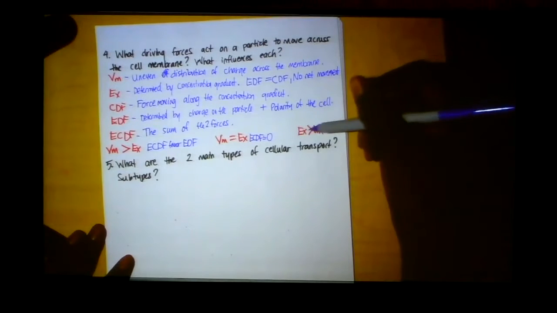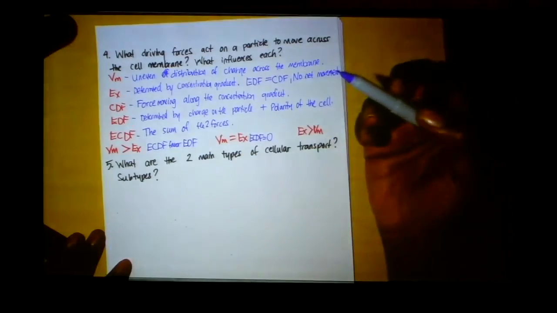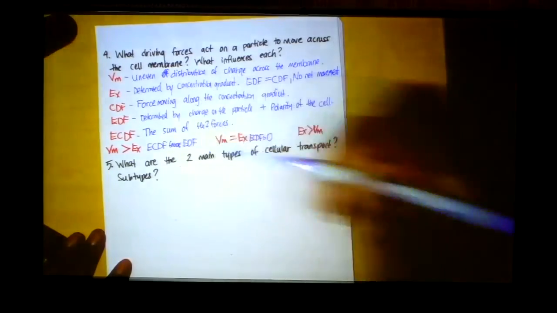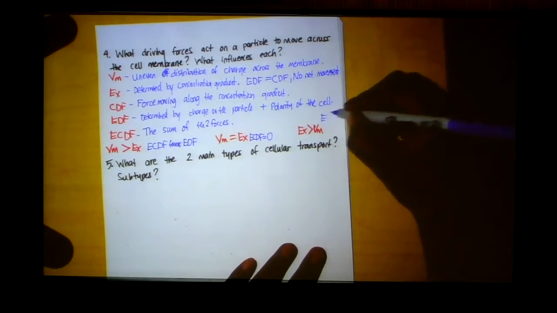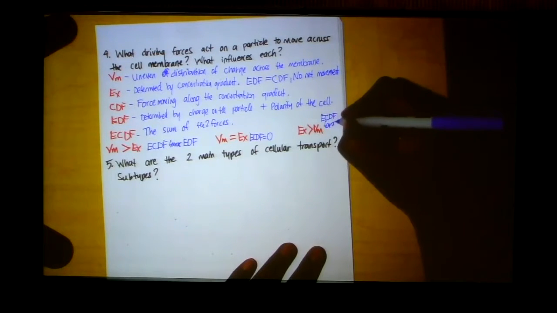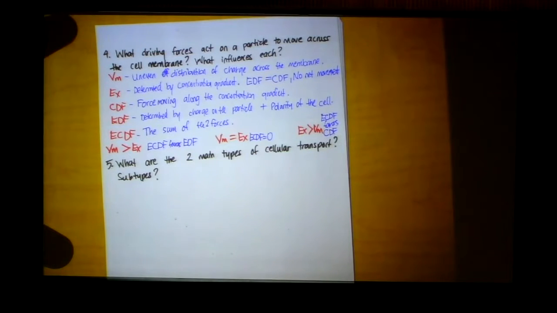What about if the equilibrium potential is greater? Okay, good. So it favors the CDF, correct. So if the equilibrium potential is greater than the membrane potential, then the electrochemical driving force favors the chemical driving force, okay? And you should be able to discern that.